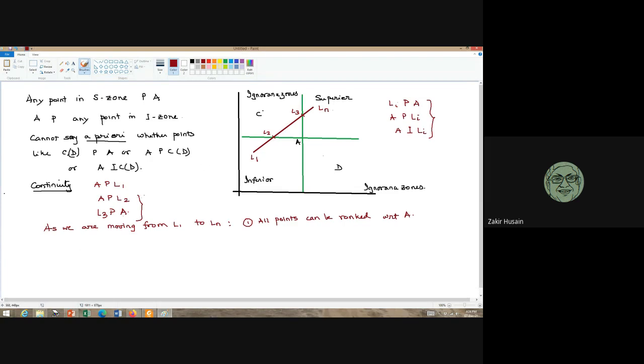So as we are moving from a point along this line, all points can be ranked. Now, continuity says that if I take a point, let us say Li, then I can find another point near Li which is equivalent to Li.